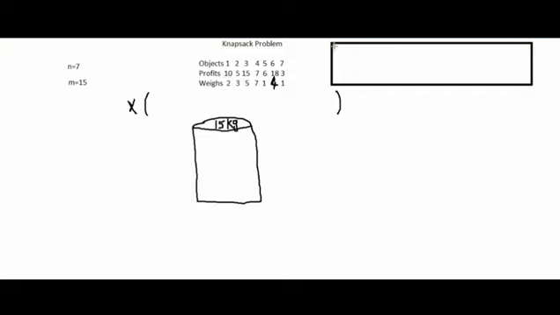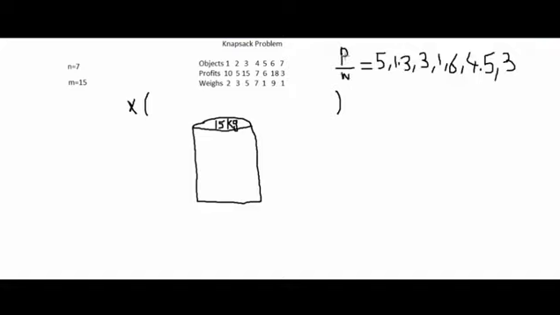You can see that we have divided the profits by the weights to get the profit per kg.